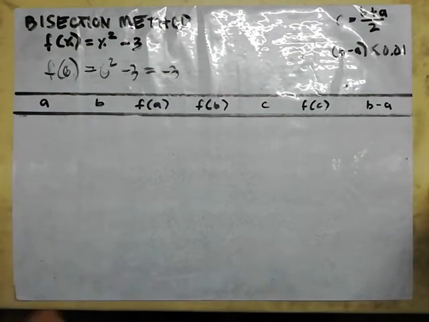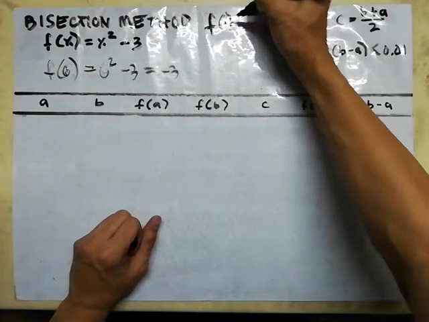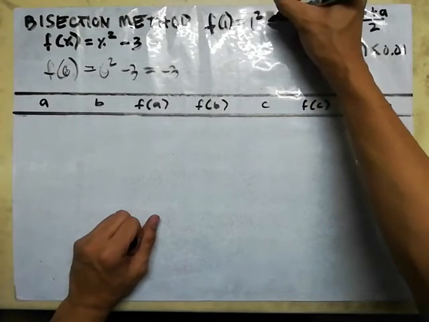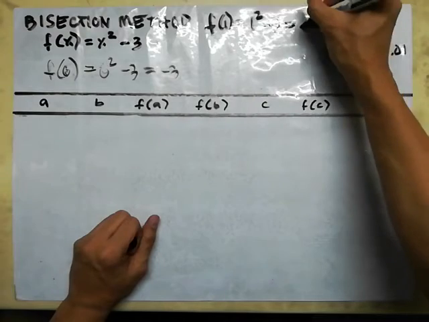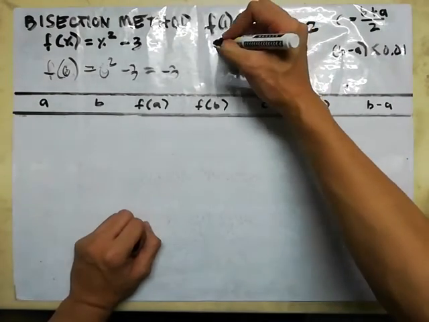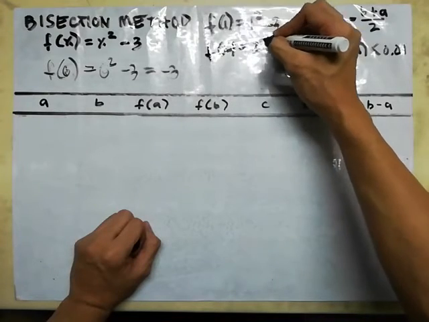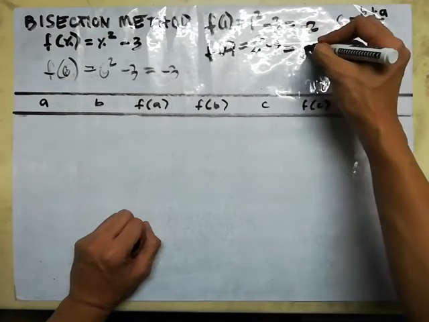Next, for x is equal to 1, we have f of 1 is equal to 1 squared minus 3, so we have negative 2. And next, for x is equal to 2, we have f of 2 is equal to 2 squared minus 3, equals 1.